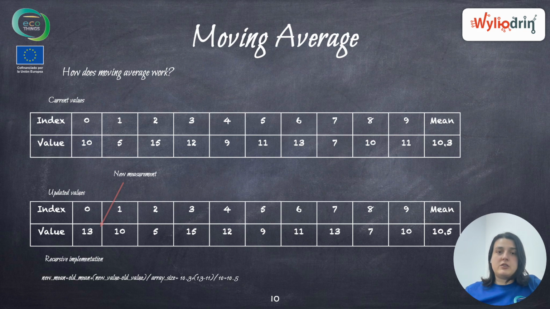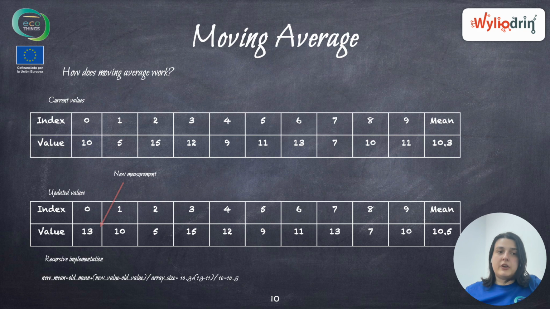If we do a new measurement, the first measurement, like the oldest one, will be excluded from the array, and the newest will be added to the array. And we have a new mean that we have to compute. This leads us to a recursive implementation, and the formula is the following.